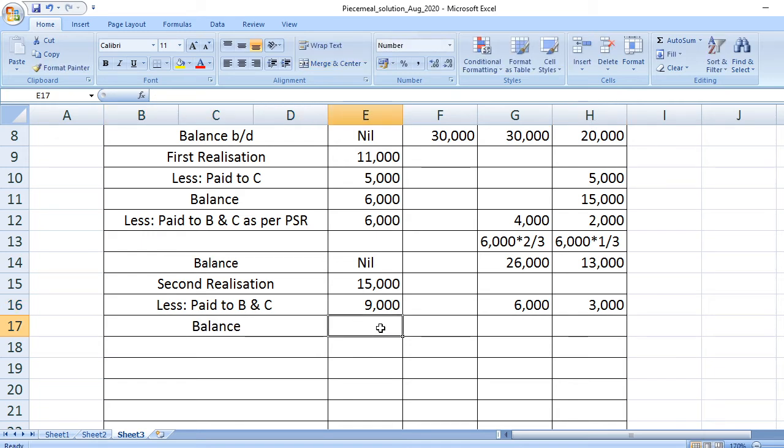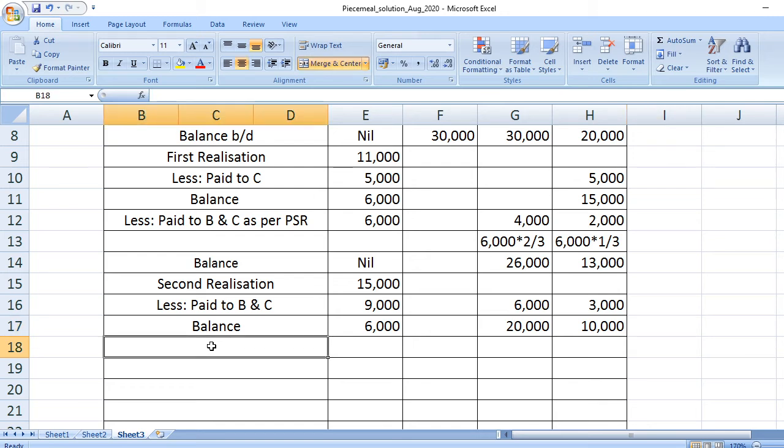From this 15,000, 9,000 paid, rest of the balance 6,000. From this 26,000, rest of the balance 20,000. And from this 13,000, rest of the balance 10,000 of C.